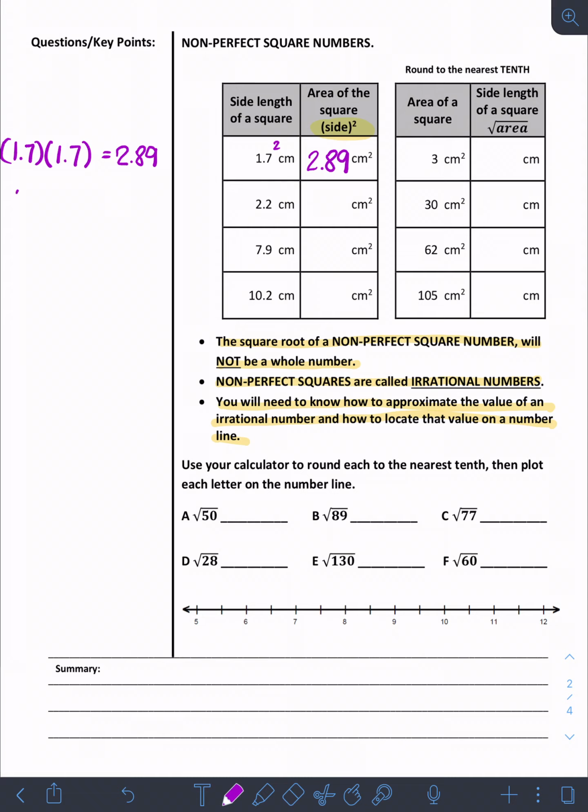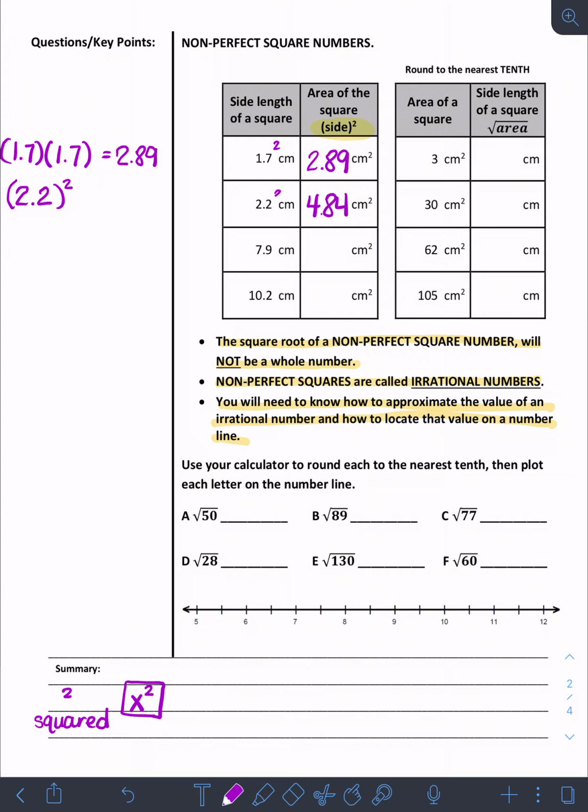Okay, and then you're going to do 2.2 squared. You can enter it in the calculator using parentheses and then just put the squared symbol right behind it. To find the squared symbol, you're going to press the key that says x squared. Okay, so 2.2 squared is going to give us 4.84.